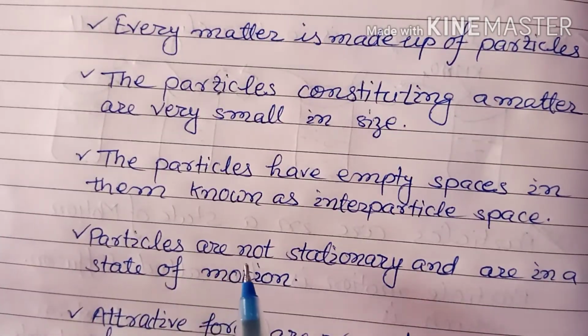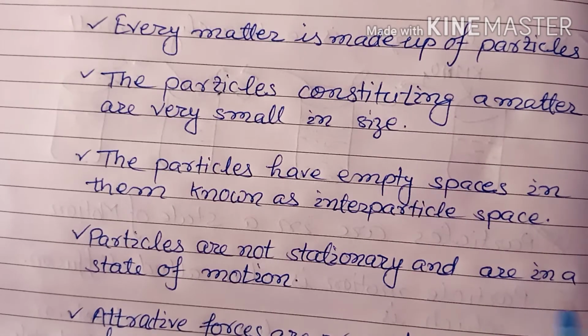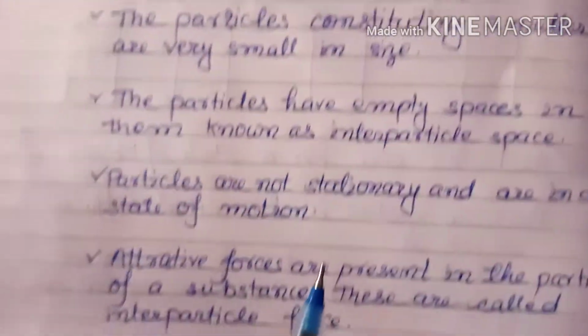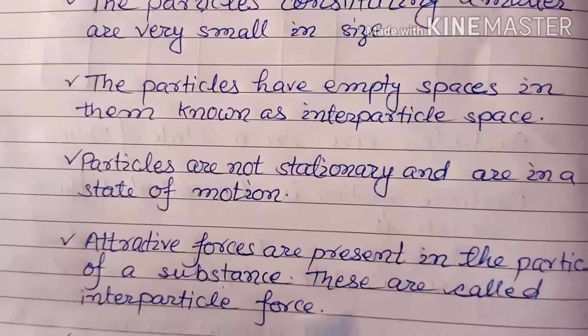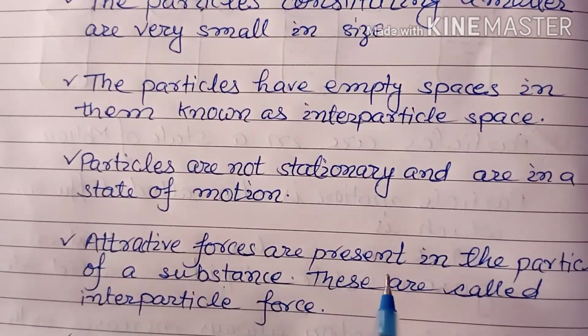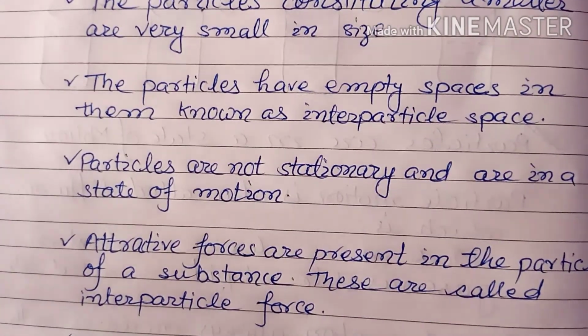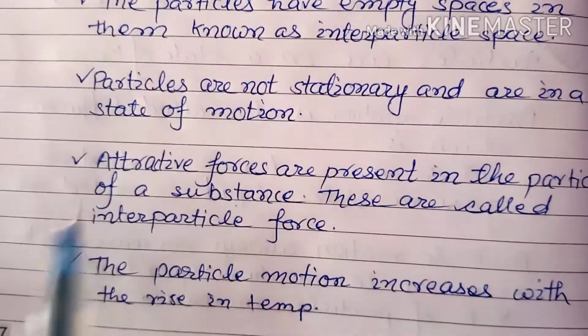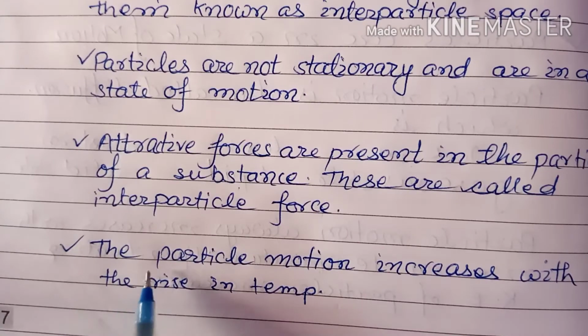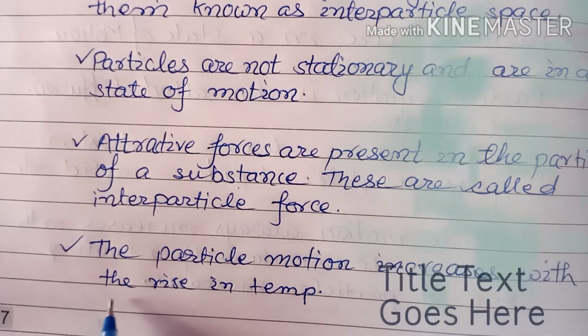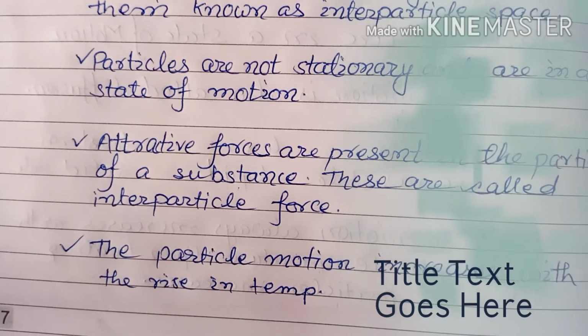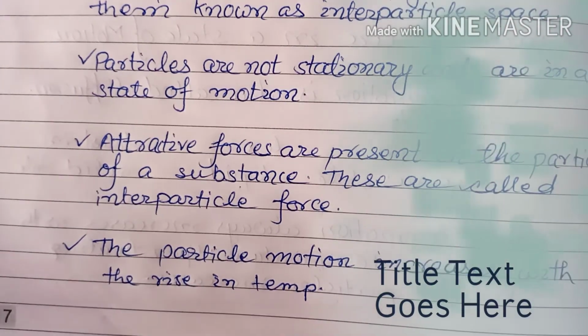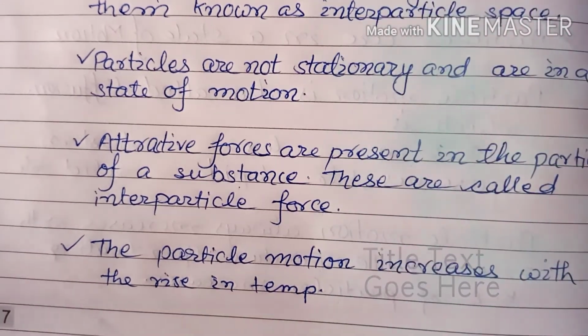Next, particles are not stationary and are in a state of motion. The attractive forces are present between the particles of a substance, and these are called interparticle forces. And the last, particle motion increases with the rise in temperature. This is our first lecture, and later we'll discuss the next.